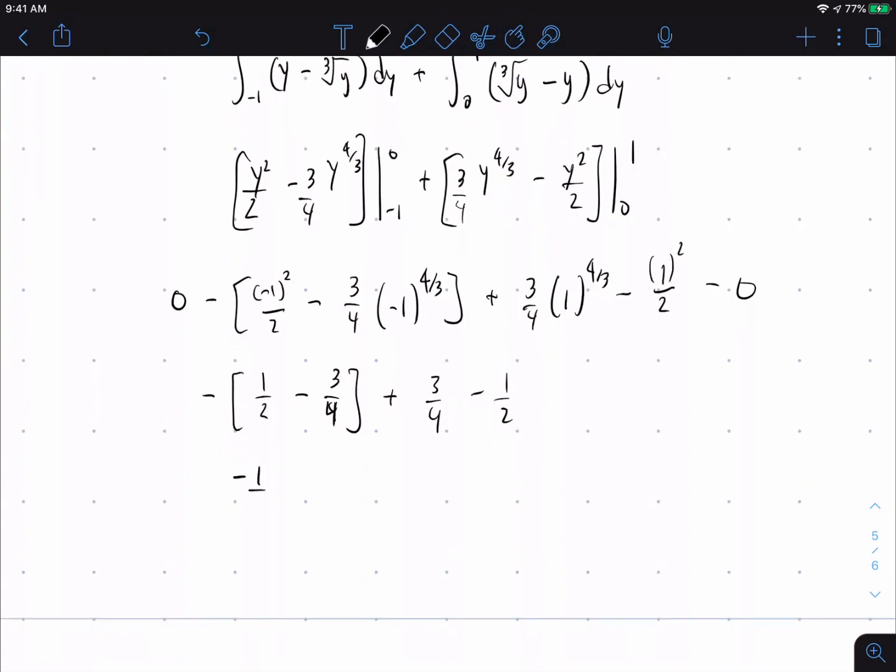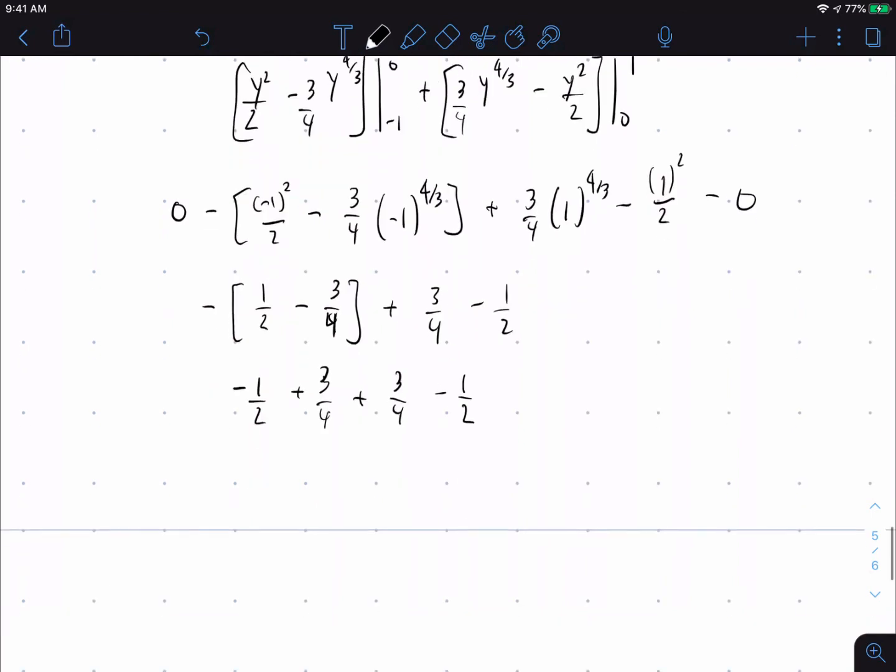So I'm going to get a minus 1/2 plus 3/4 plus 3/4 minus 1/2 is going to give me, I'll just write it this way, 6/4 minus 4/4 is going to give me 2/4, which is 1/2 units squared.